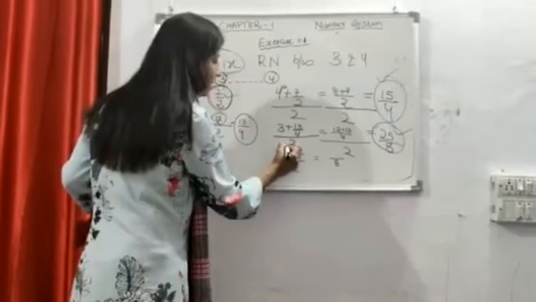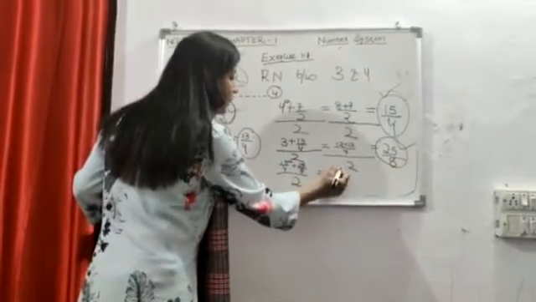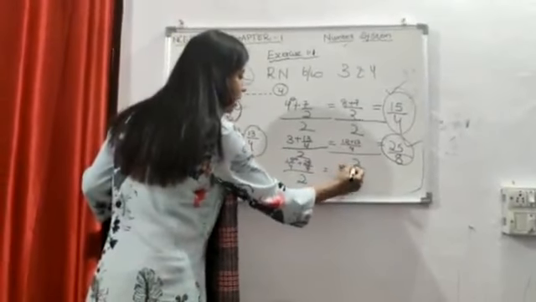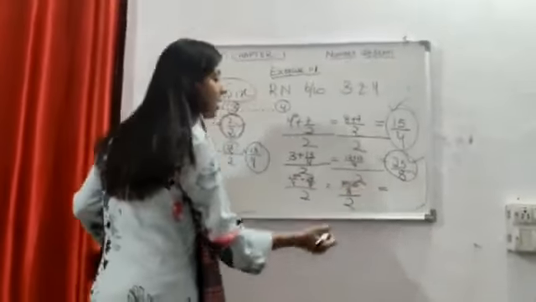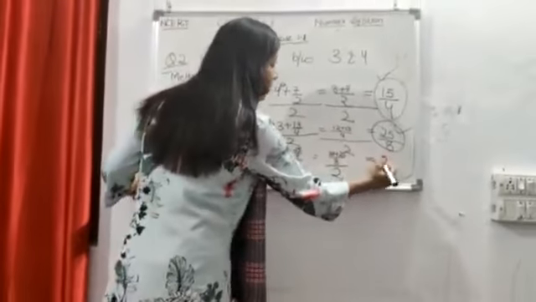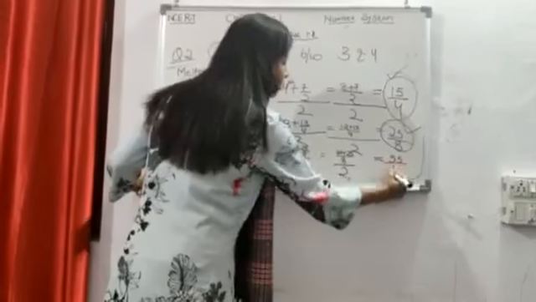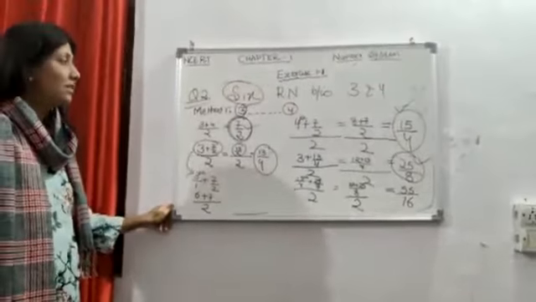So here 15 is multiplied with 2. So 15 times 2 is 30, plus 25 upon 8, upon 2. So 30 plus 25 is 55, and 8 multiplied by 2 is 16. So the next number is 55 by 16.